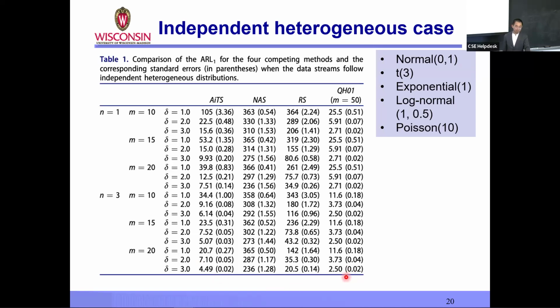This is telling us that instead of monitoring all the data, all the variables, we can save more than 60% of the resources, but still achieve a satisfactory detection speed, because in this case, we only have 20 out of the 50 resources available.